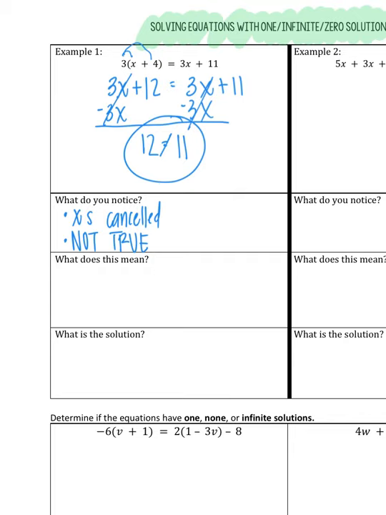So in this case, that means that there is no number that we can plug in for x, nothing we can plug in here that would make this equation balanced. No value for x would satisfy this equation.